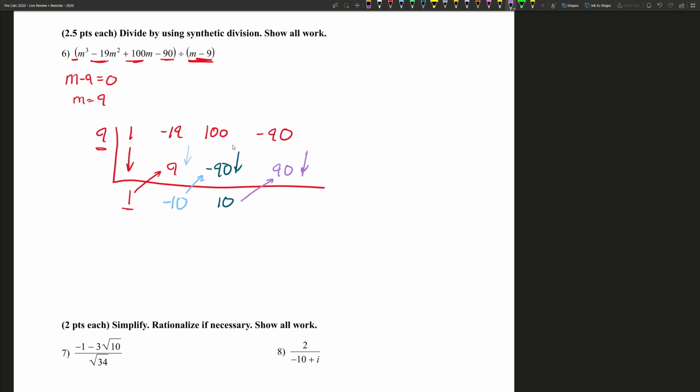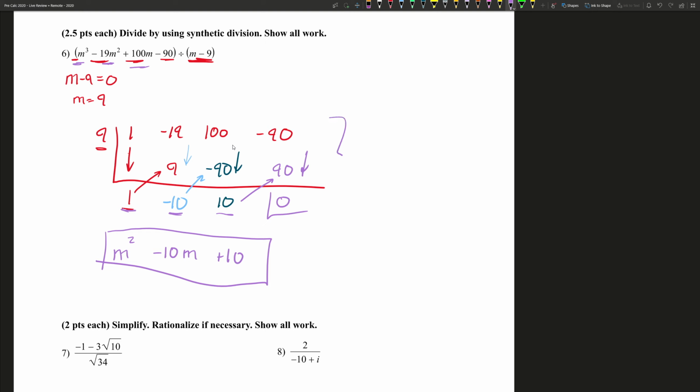Add down, and we get 0. Okay, so this is our remainder, and each of these are coefficients of m with degrees 1 less than what you see up here. Okay, so our total answer, right, is m squared minus 10m plus 10.